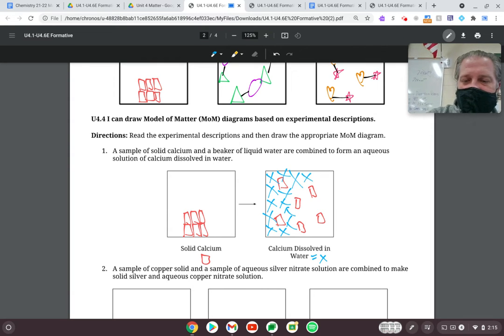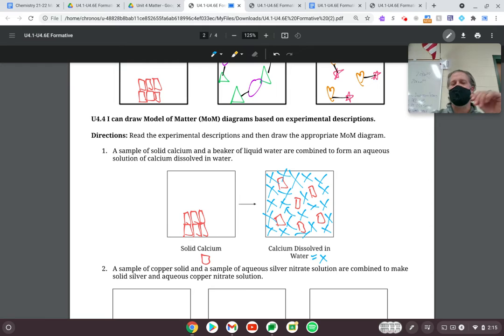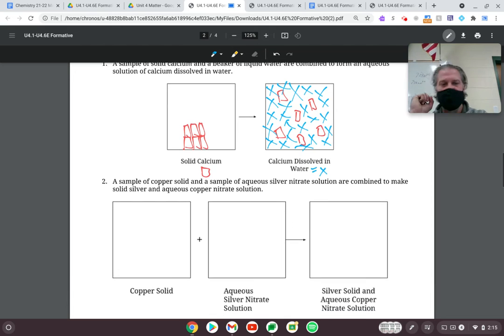So I'm going to add them to the water. And note that what I've done here is I've done my very best to indicate that the water itself is surrounding the different pieces of calcium. Also note that I use the same number of calcium squares in both boxes. Those are things I'm going to be looking for when I assess you tomorrow.